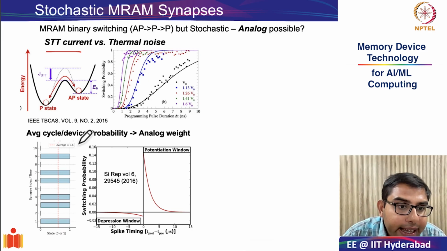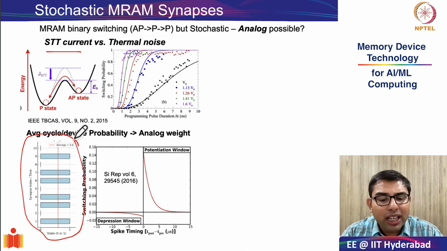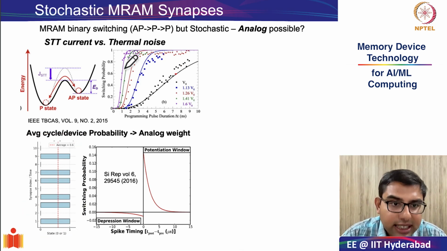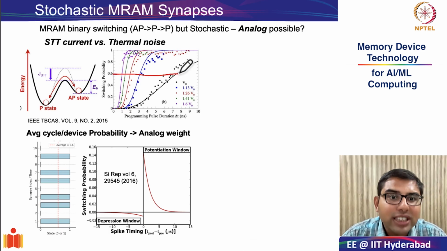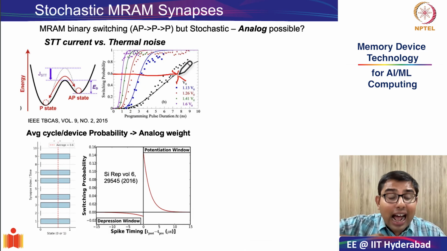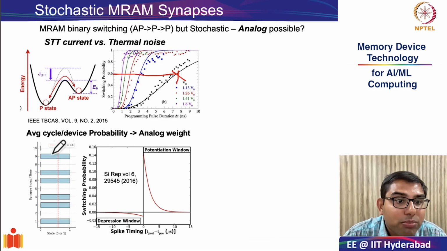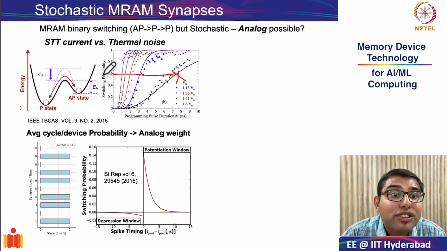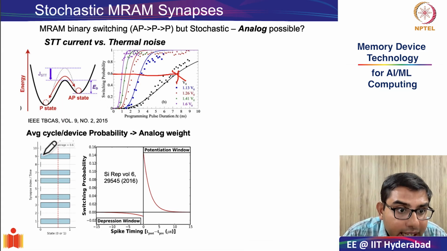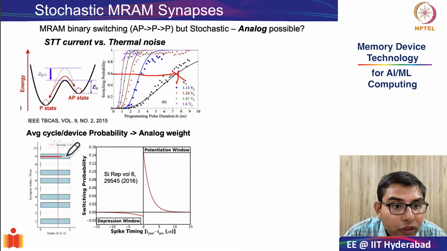And this is what is indicated in this particular graph. The idea is very simple. Suppose I want a synaptic weight with a weight of 0.6 normalized to 1. So what I will do is I will bias my STT MRAM with these particular parameters of voltage and delta t duration. Then I will operate the MRAM at least 10 times. So the idea is 6 out of 10 times, because the probability of switching is 0.6, the MRAM will switch from 0 to 1.